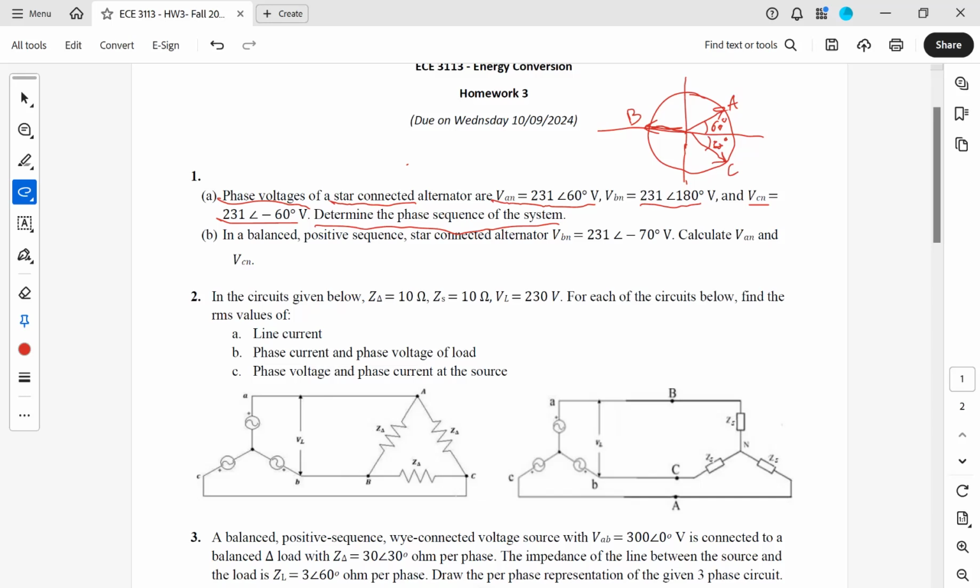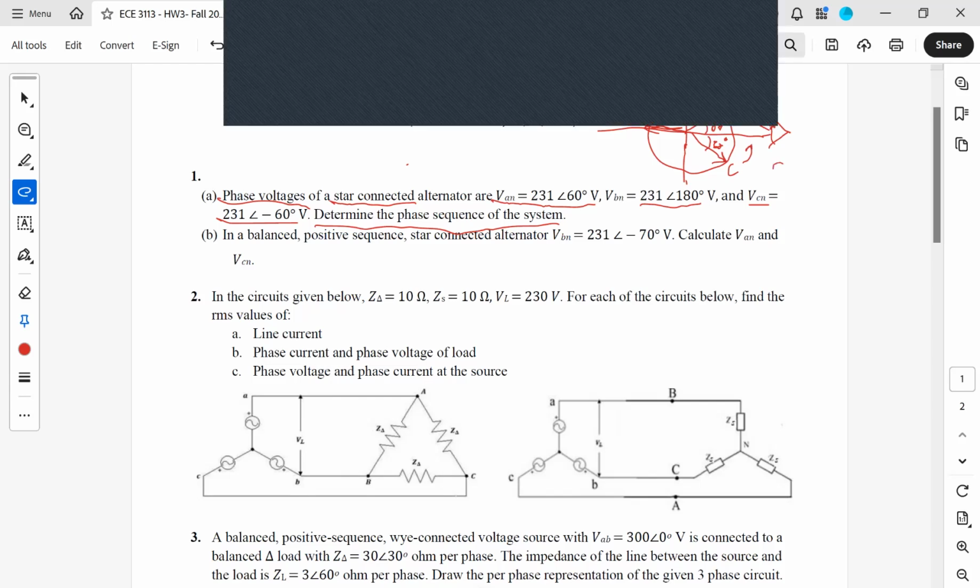degree phase angle. We are going to watch the order of rotation of these three phases. As you see, when you watch them rotate, you first see C, then B, then A. And we said this is rotational.